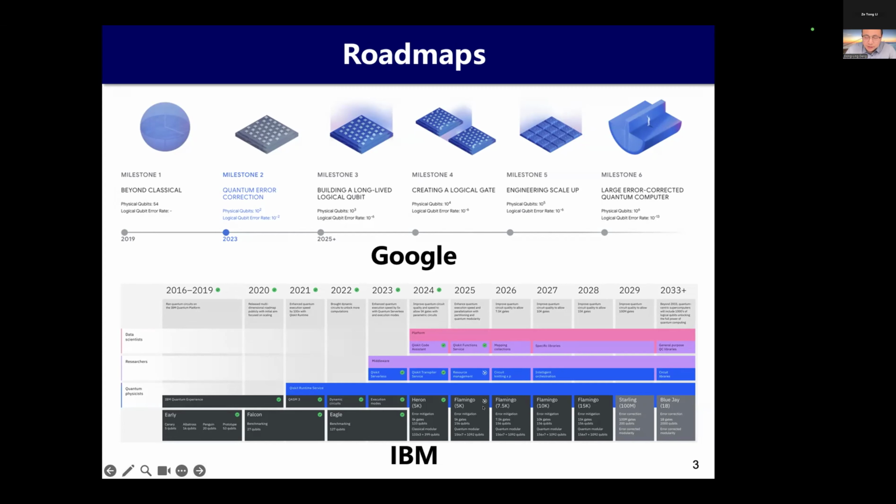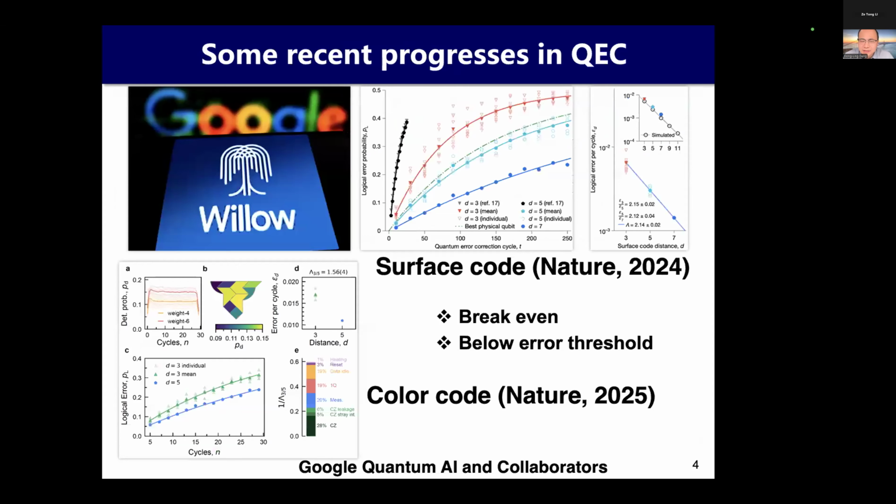You may know that one of the most challenging parts of building a quantum computer is that we need to achieve quantum error correction, right? You may have already heard of Google's Willow chip. I think this is quite a milestone for building a quantum computer. I quite like this figure.